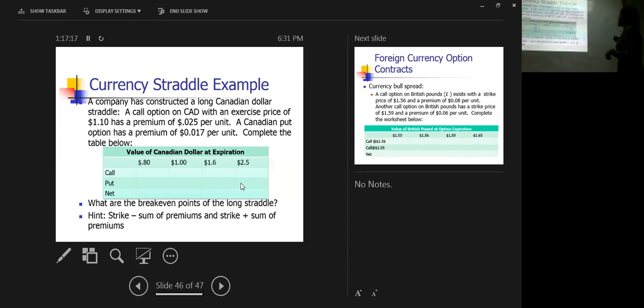So the upper break-even in this case would be 1.1, right? So it's going to be 110. 110 plus 0.25 plus 0.017, right? 1.1 plus 0.025 plus 0.017, right? And similarly, the lower one would be 110 minus the same.